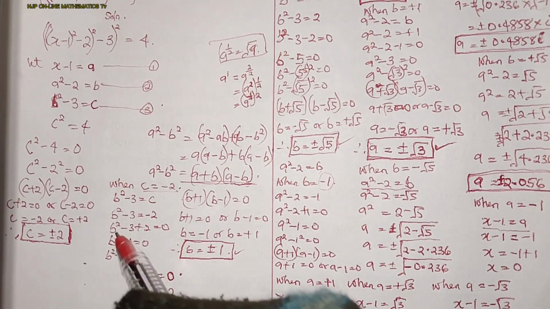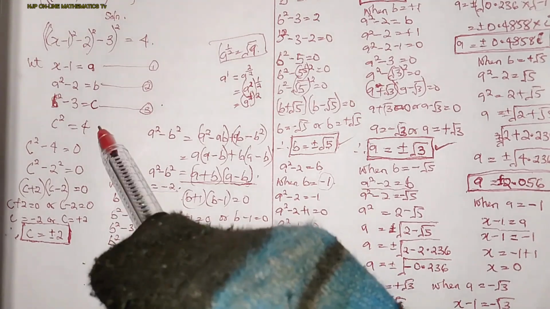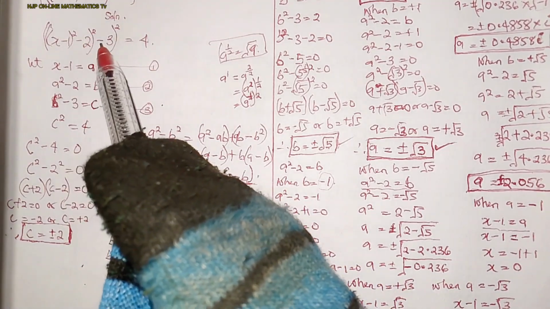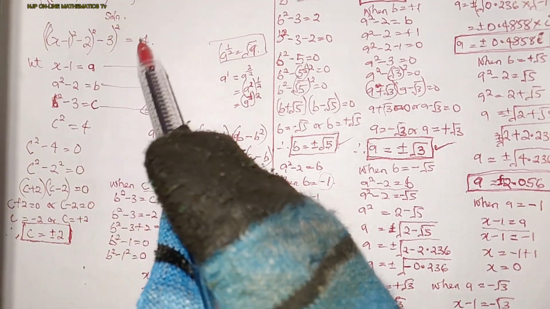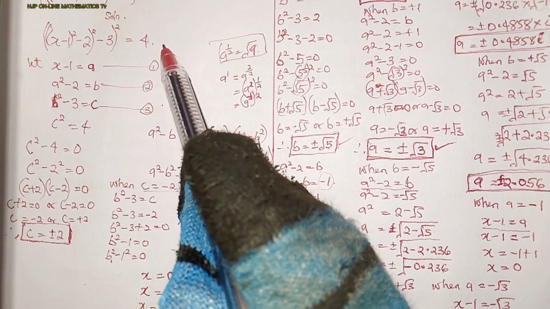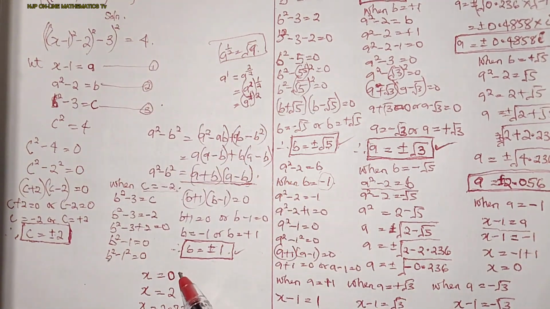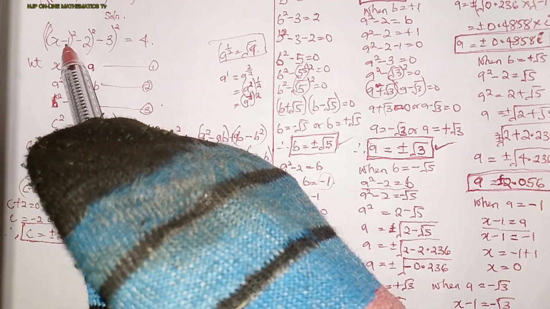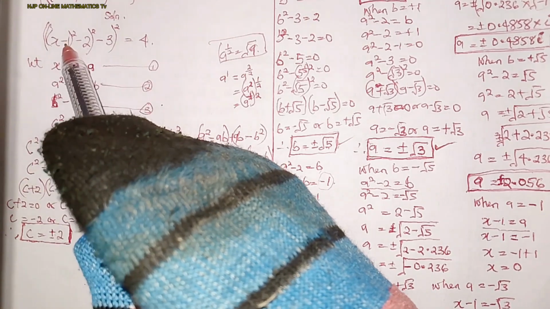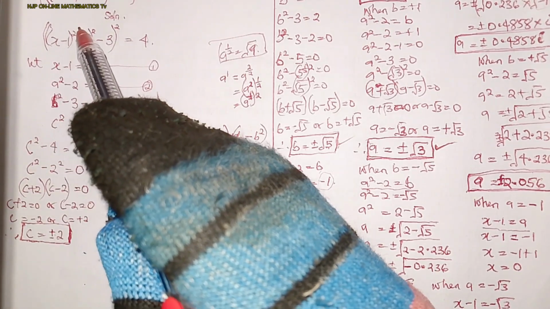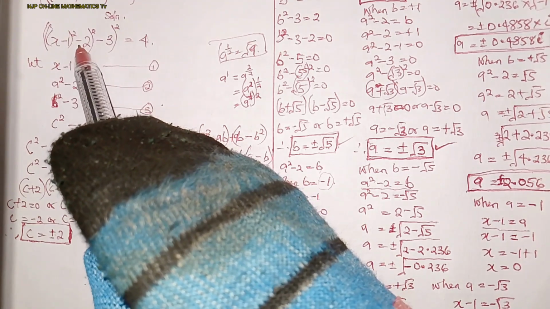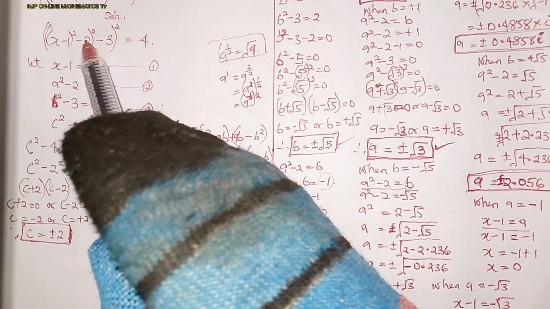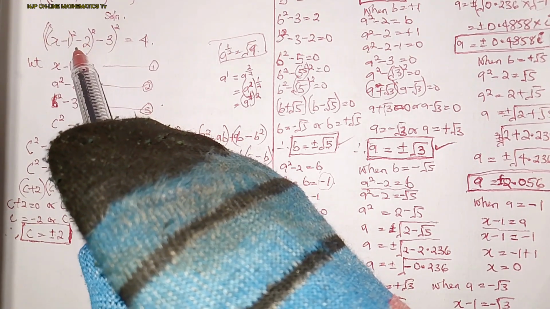In the equation, we have x minus 1 to power 2 minus 2 to power 2 minus 3 to power 2 equals 4. So if we substitute x equals 0, then we have 0 minus 1, which is minus 1. If we square it, we have a positive 1. If we subtract 1 from the 1, we have a negative 1.